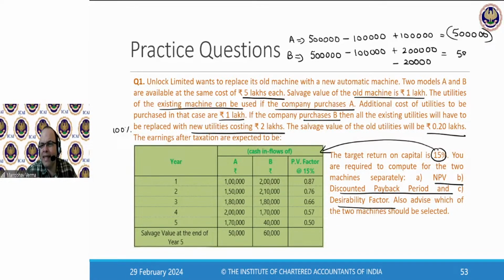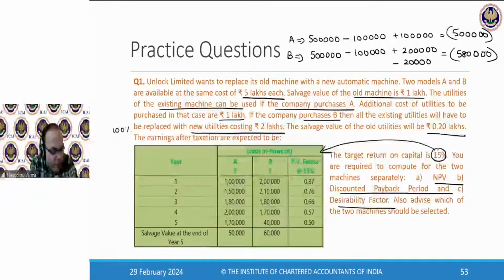So I'm getting 5 lakh 80,000. This is the only important step in this particular question you need to understand. For machinery A and B, what will be the cash outflow for initial investment? Net 5 lakhs for machine A and net 5 lakh 80,000 for machine B.